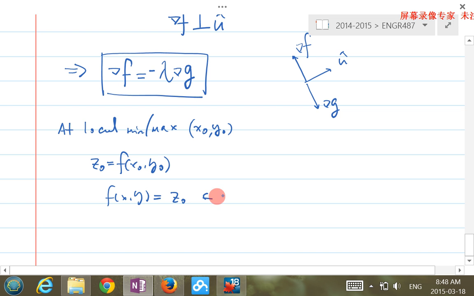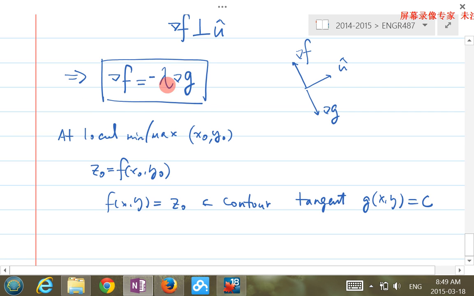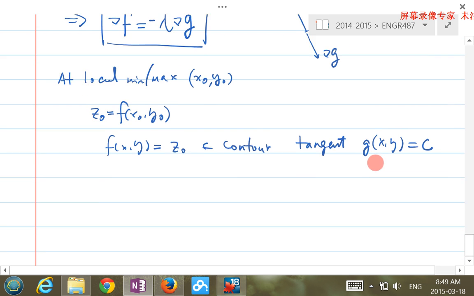This is a contour here. This is going to be tangent to g of x, y equal to c. So these two are tangent. If they're tangent, then you are at this local min or local max or stationary point. Here I have a better drawing, but anyway, you can take a look at that. Alright, so now let's focus on this guy here.